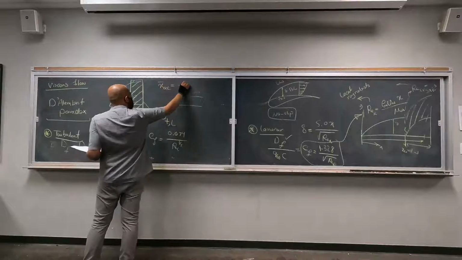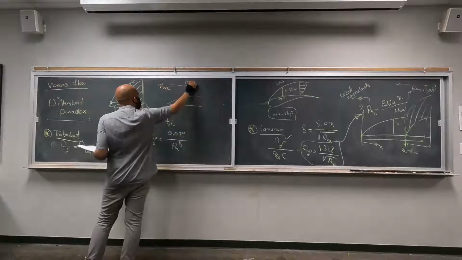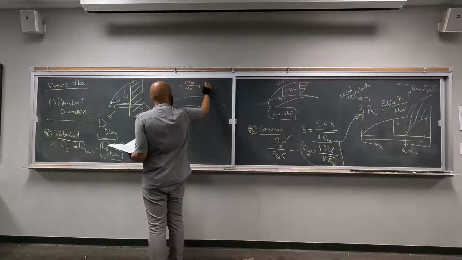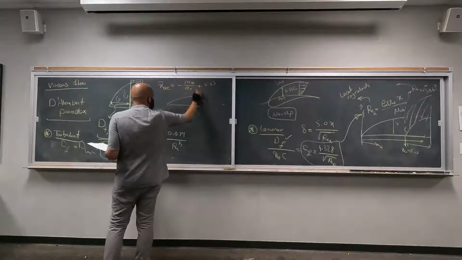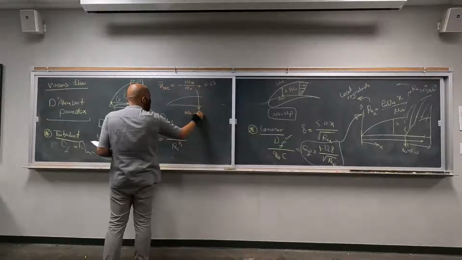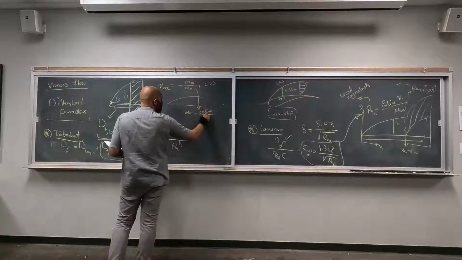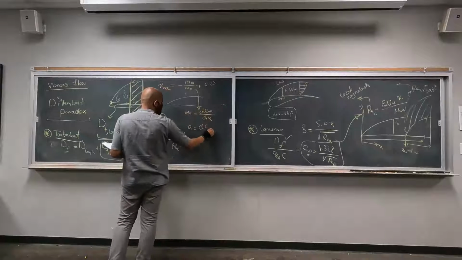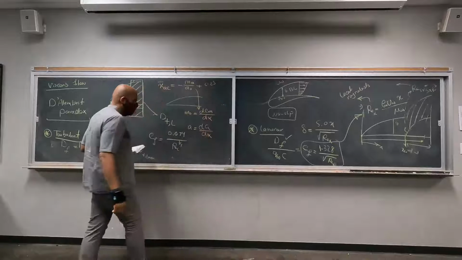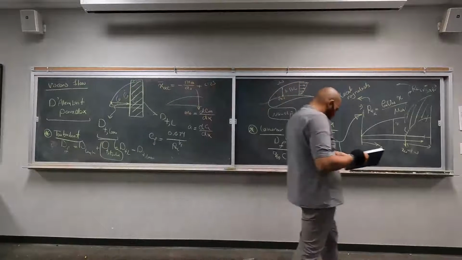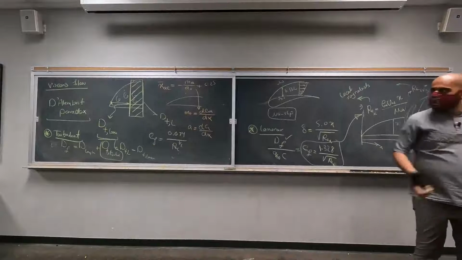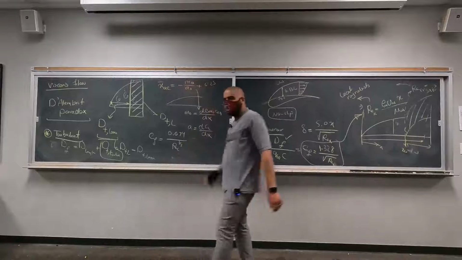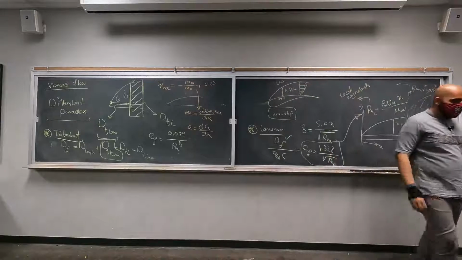The aerodynamic center is negative m0 divided by a0 plus 0.25, where m0 is dCm/d alpha and a0 is dCl/d alpha. That's dCm around the quarter. That's the location of the aerodynamic center.